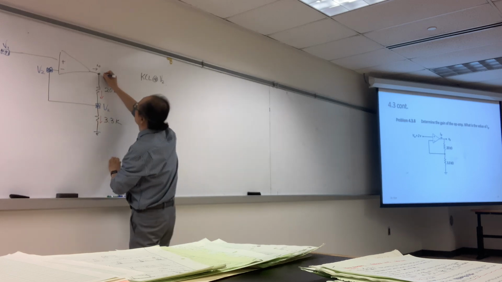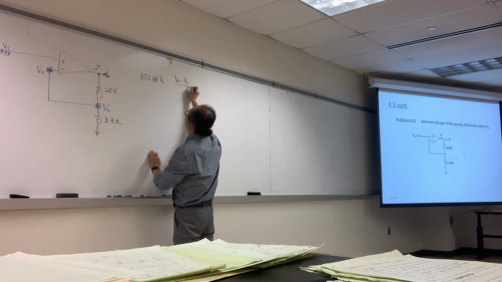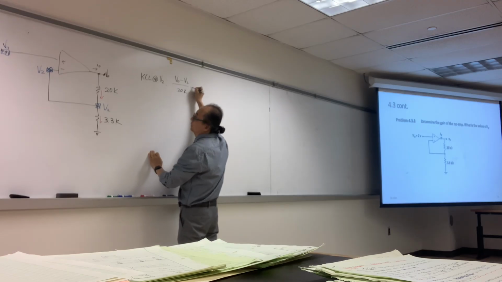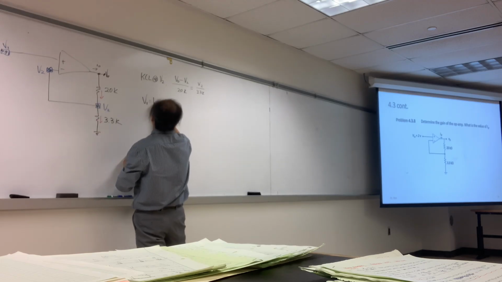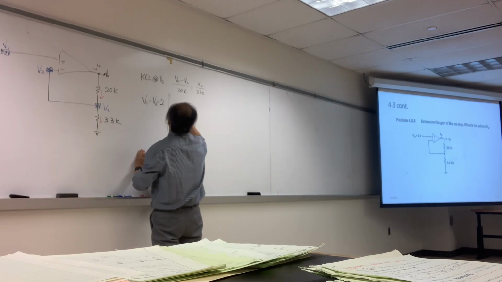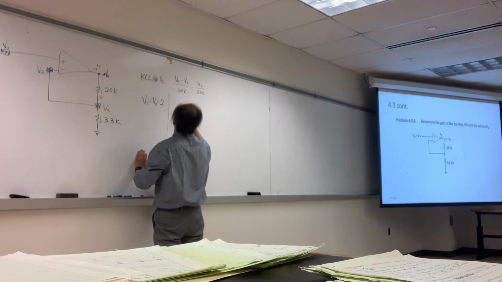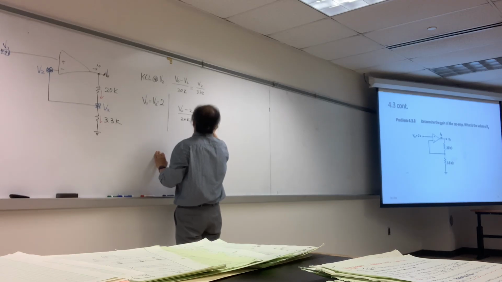Entering, this is V out. So V out minus V2 over 20K equals V2 over 3.3K. In this circuit V1 equals V2 equals what? 2. Therefore, V0 minus 2 over 20K equals 2 over 3.3K.